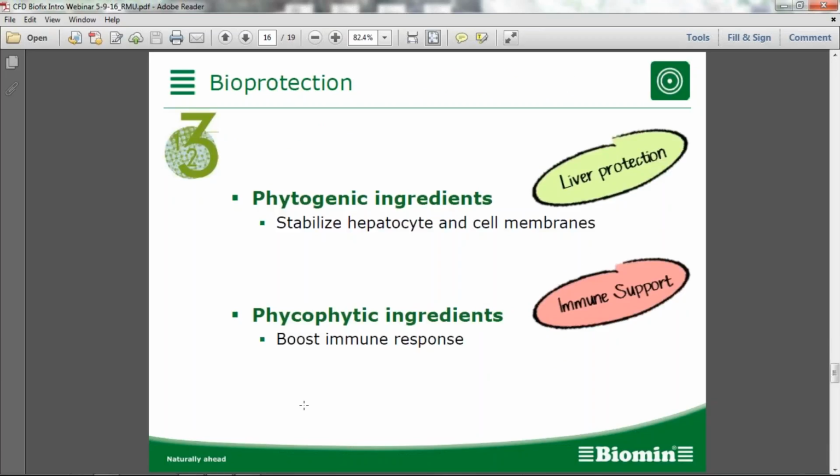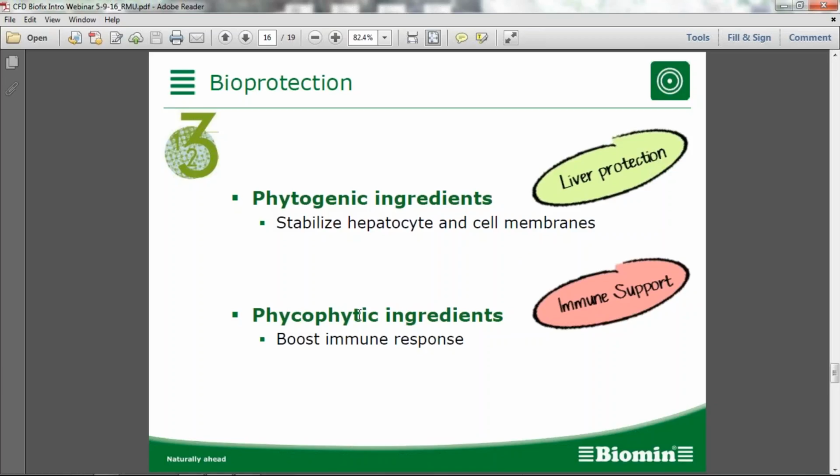A third component in some products includes bioprotection, which again has to do with boosting that animal's response to the presence of toxins. This can be done with phytogenic ingredients or ingredients that would be of plant origin. They can help with liver protection by stabilizing the liver cells and cell membranes.